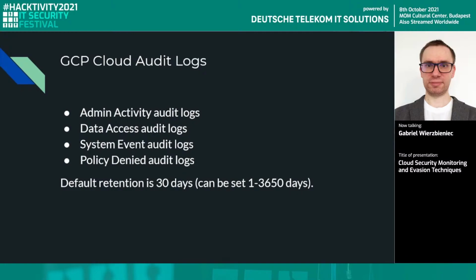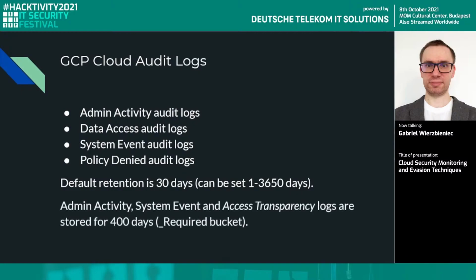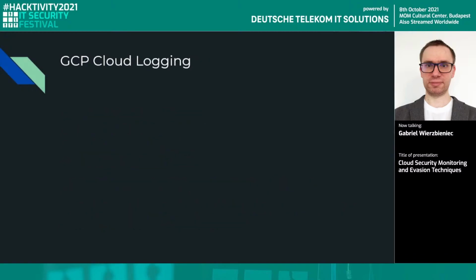It can be up to 10 years. However, admin activity, system event, and access transparency logs, so things like a Google employee accessing your resources for some reason, are stored for 400 days. It's inside special underscore required buckets that cannot be changed or deleted.